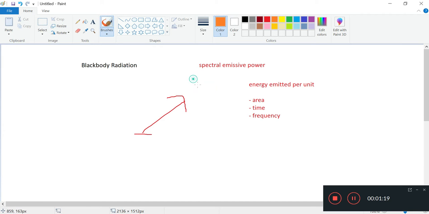I also mentioned in the last video that if you have a bigger receiving area, let's call it AR, the energy transferred from this area dA to this area AR will be bigger. Of course, that's true.